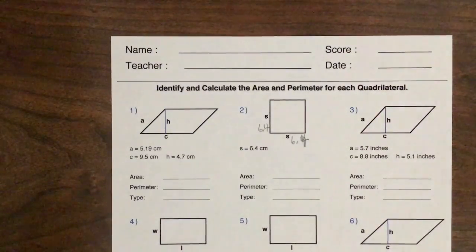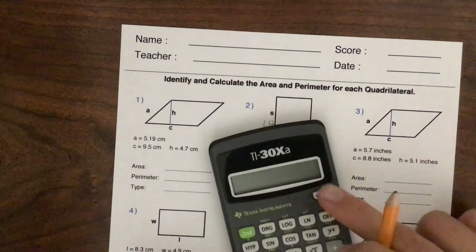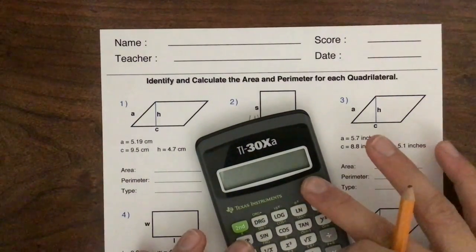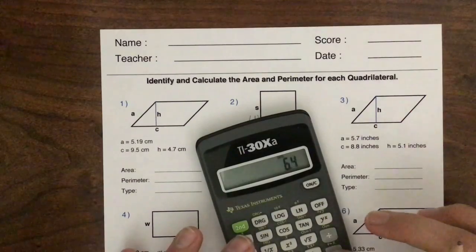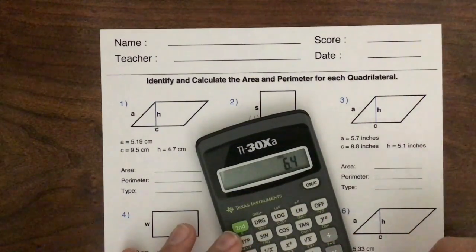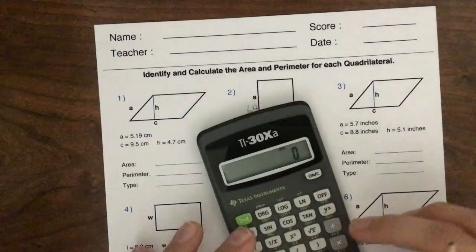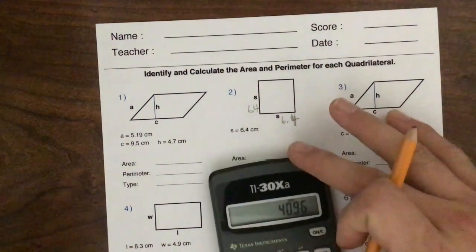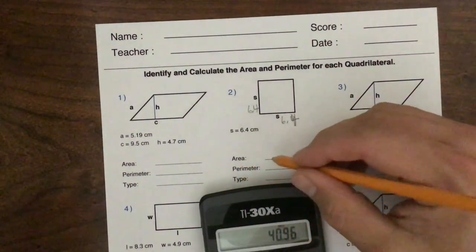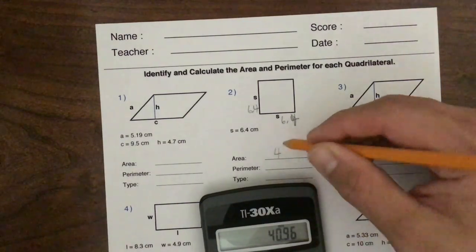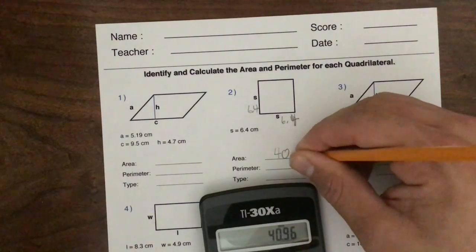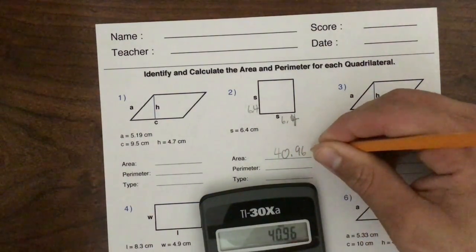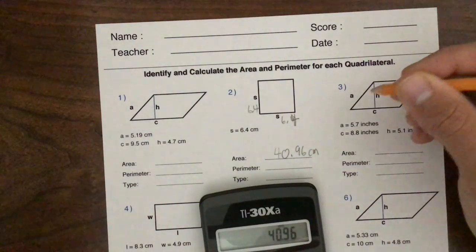Okay, so we're going to do 6.4 times 6.4. See, everyone makes mistakes. 40.96 centimeters.